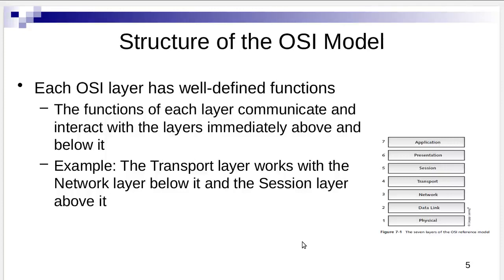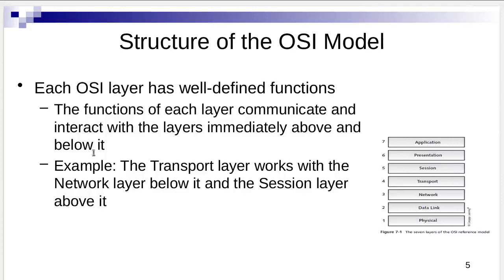One reason why it's worked really well is because of the structure. Each layer has very well defined functions, and these are things that we do implement in software, in applications and in servers. So the function of each layer is to communicate and interact with layers immediately above and below it.